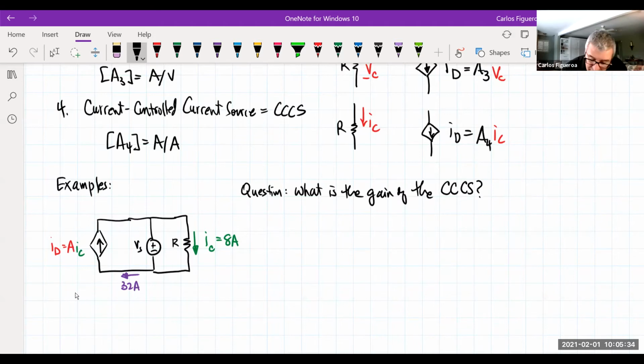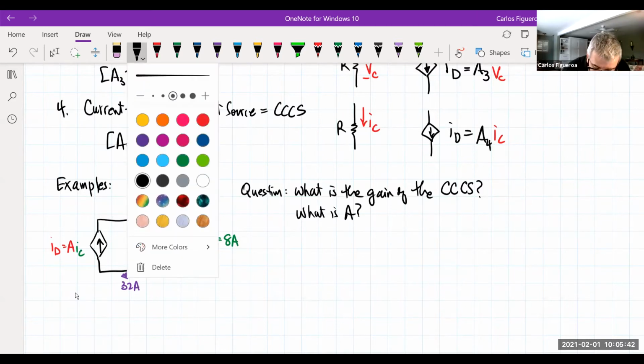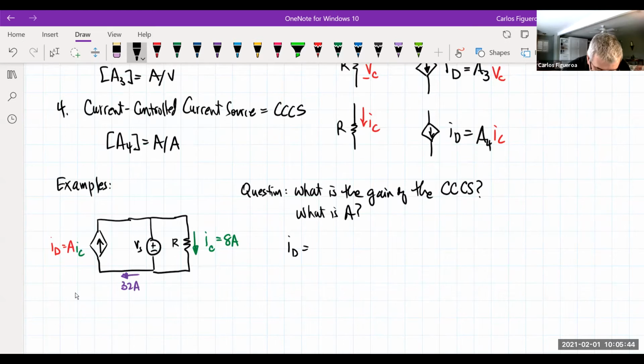So in this case, what is A? Well, for starters, I can see that ID is equal to A times IC. And I can see that this current ID must be 32 amps.